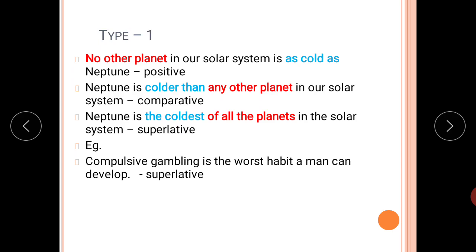Please check over there. So it is in superlative. How will you write? Compulsive gambling is the worst habit a man can develop. Just think of how to begin in positive. You're absolutely correct: no other habit.